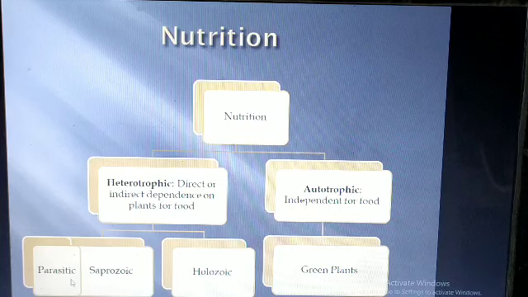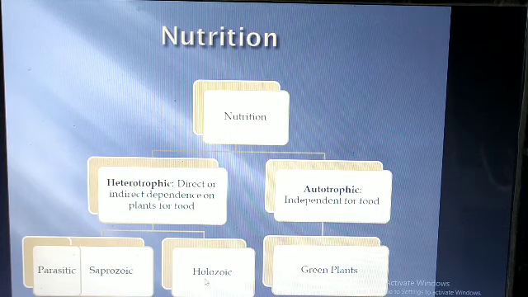So basically we got that heterotrophic nutrition can be of three kinds. One is holozoic, that involves taking in solid food and then digesting it inside the body. Second is liquid food, which is already digested and then taken by the living things.